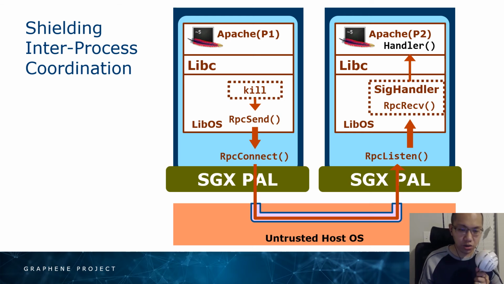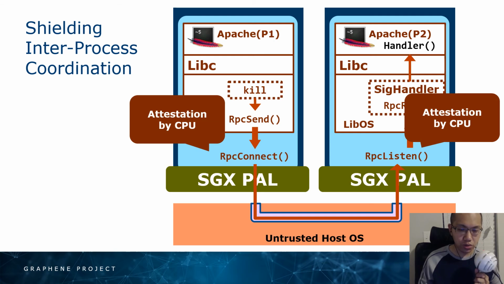We built this secure channel using cryptography as well as the Intel CPU security features. To create a secure channel for inter-process coordination, we first use the local attestation feature of the Intel CPU. The CPU will ensure that these two enclaves belong to the same instance.